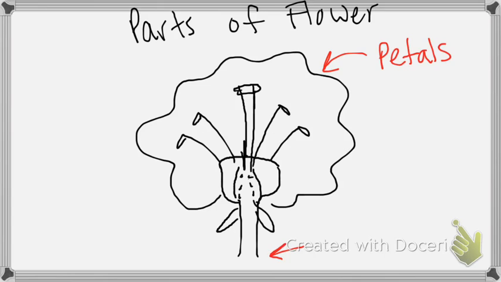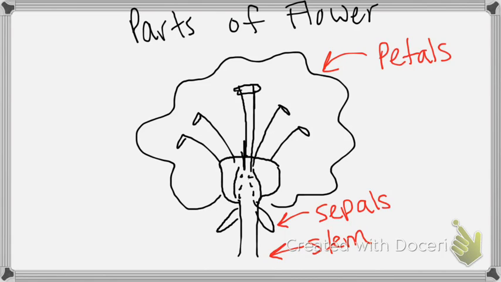Down here we have our stem, of course. Coming off the stem we have our sepals. The sepals, they look like little leaves, okay? These are what we're covering up our bud before the flower bloomed. So that's going on the outside of the plant.